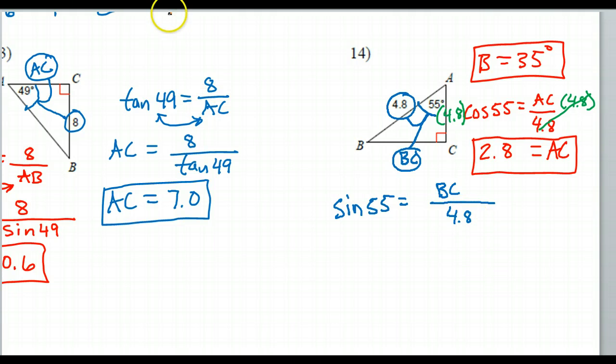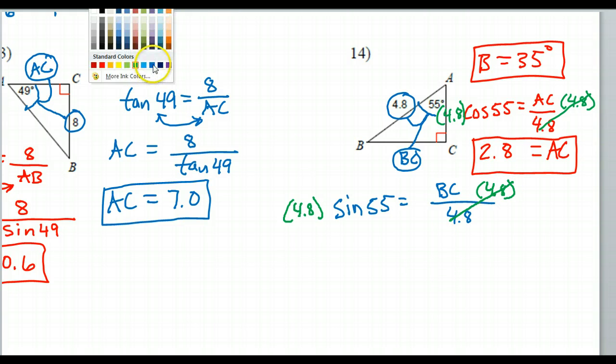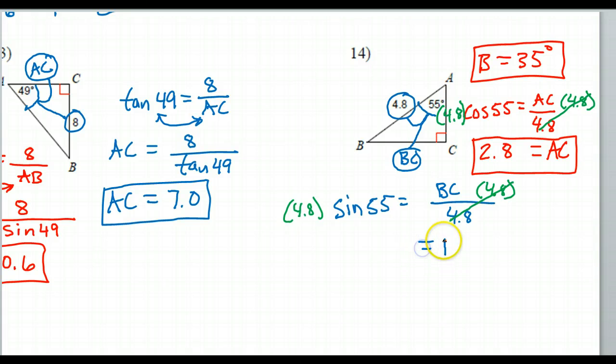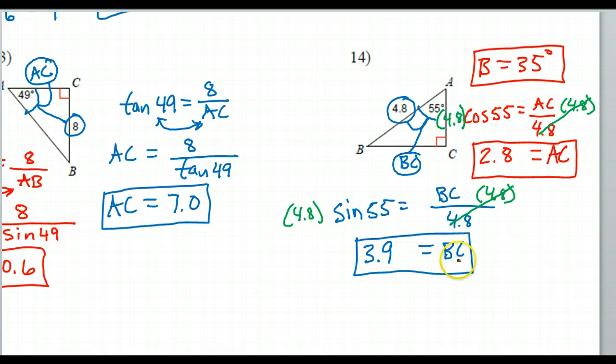And we will just multiply by 4.8 on both sides. That way these cancel each other out. And that tells me that BC equals 4.8 sine 55. So BC equals 3.9, and that is the end of this assignment. That was kind of a long one.